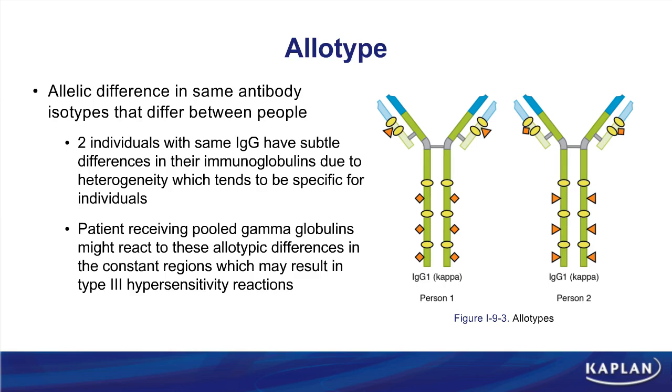Again, because my IgG has subtle changes that are seen as non-self. And the result can be that an individual can have a type 1 hypersensitivity against your pooled gamma globulins, or there's another situation where you can even have a type 3 hypersensitivity. And you're going to talk about type 3 hypersensitivities when we get into chapter 12.